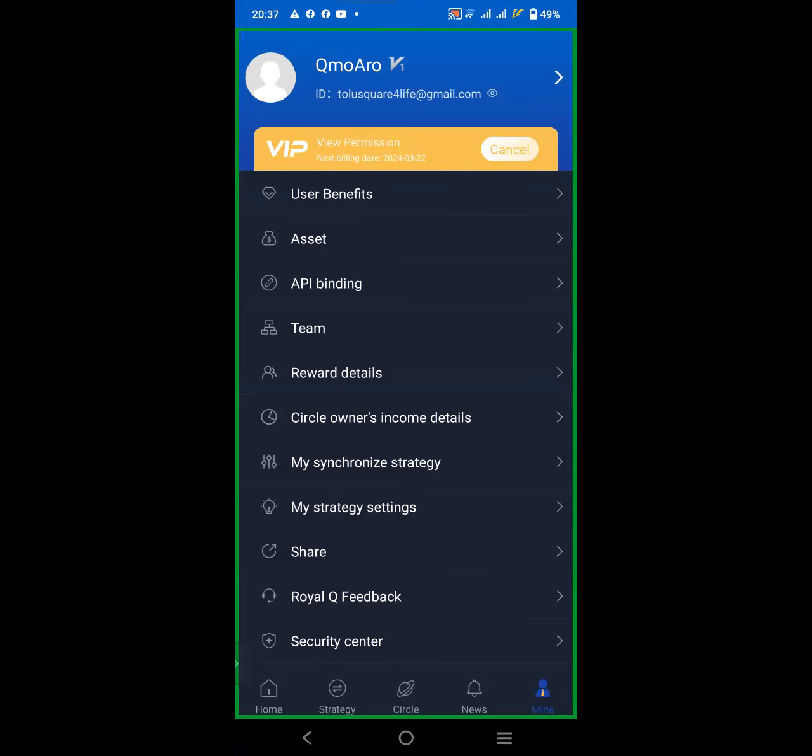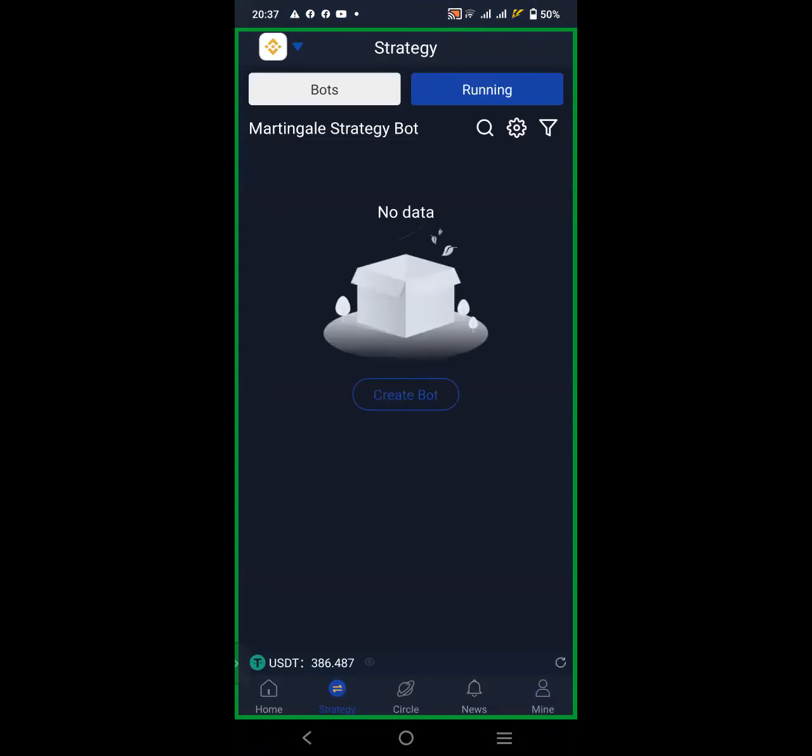Yeah, so we are on RoyalQ. So now, in this case, we will start our trading. What we would like you to do, Coyote, is click on strategy. Strategy, yes. And then you are on strategy.